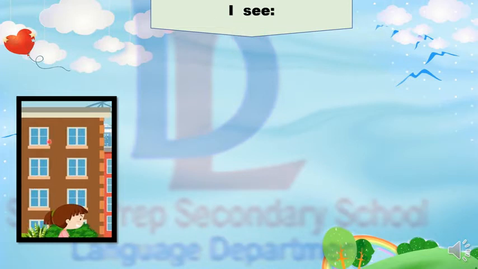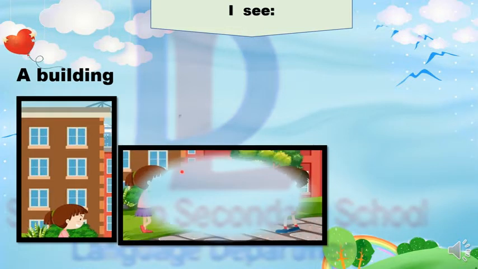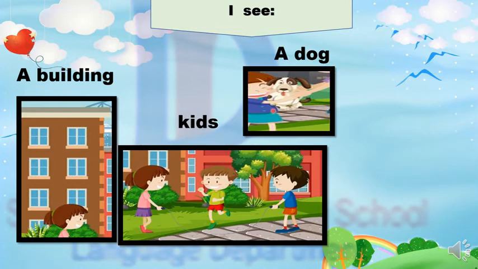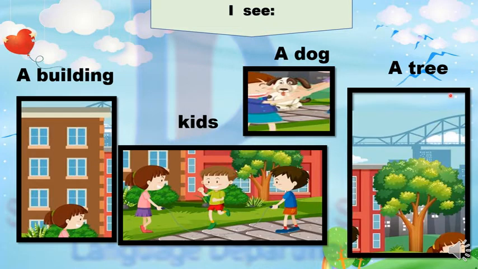I see a building. Excellent. What else? I see kids. They are kids. Okay, what else? I can see a dog. Excellent. What else? I can see a tree.